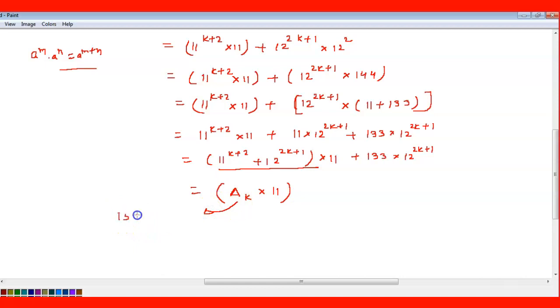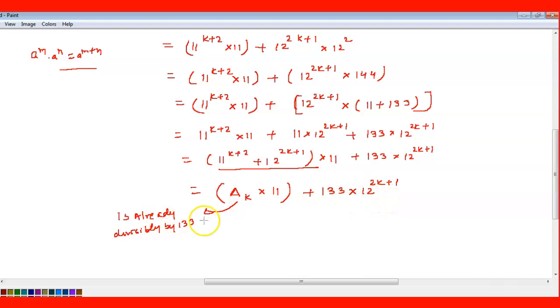We already know that this is divisible by 133, right? Plus 133 into 12 to the power of 2k plus 1. So this is 133 into 11 actually, and this is also a multiple of 133. Then the whole statement is a multiple of 133, right?